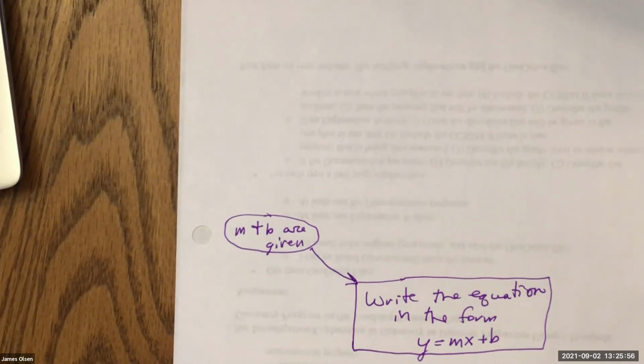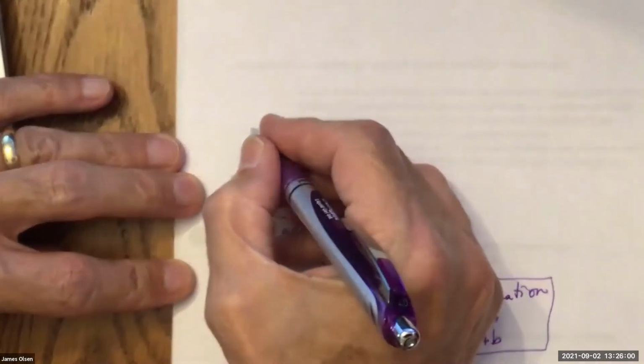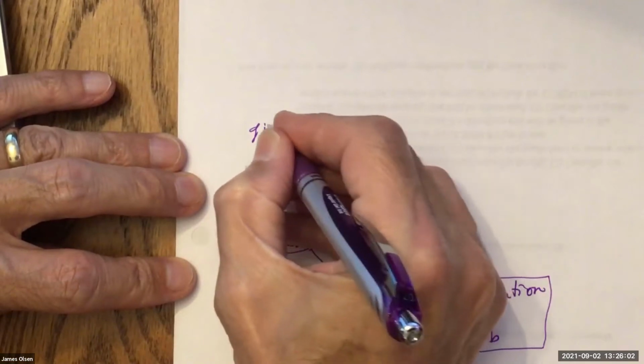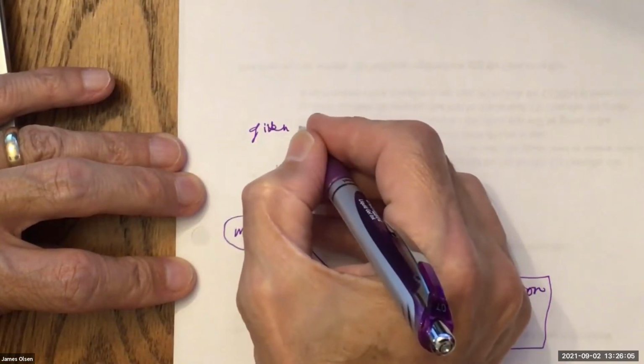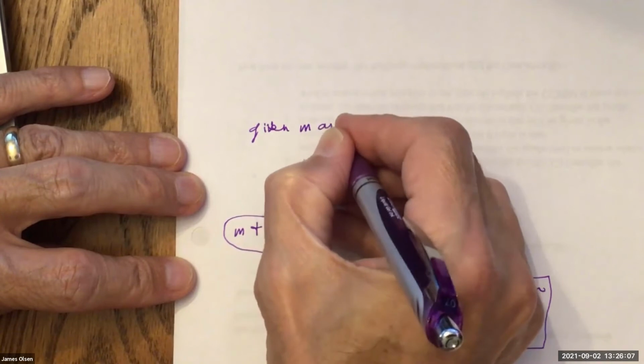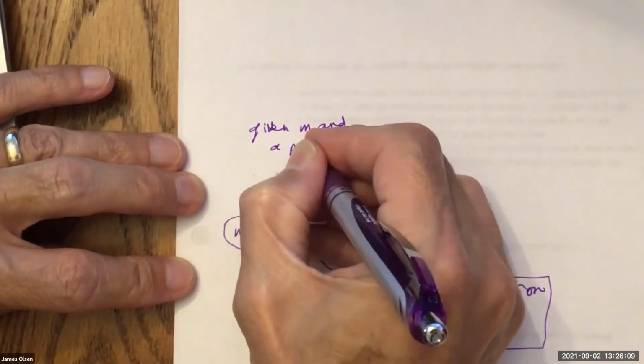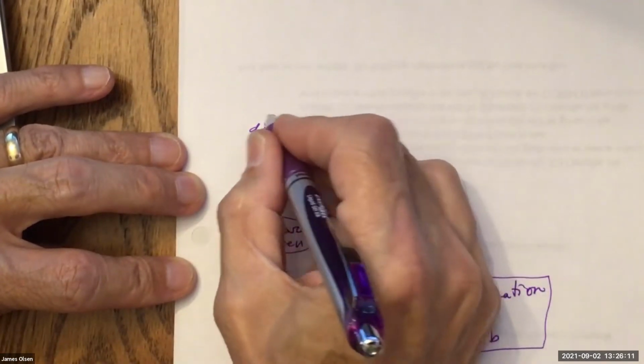The second case is where you're given the slope and a point. Let's write that here. Given M and a point. Remember, M is the slope.